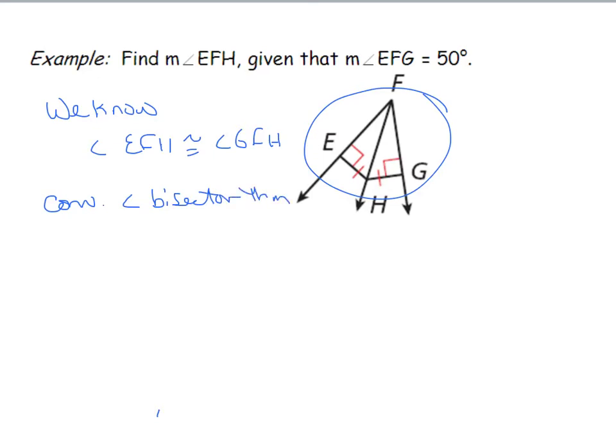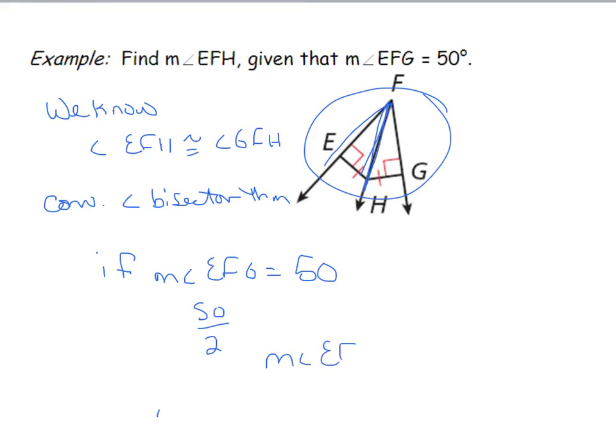Okay, so then if the measure of angle EFG is 50 degrees, if this is a bisector and I want to know what EFH is, all you have to do is take half of 50. So the measure of angle EFH has to be 25 degrees.